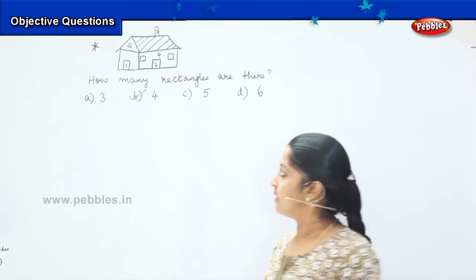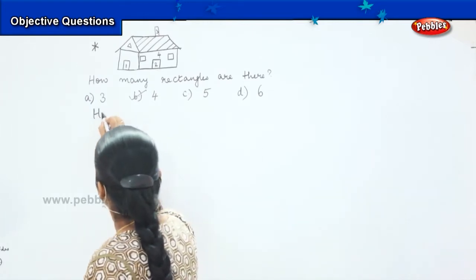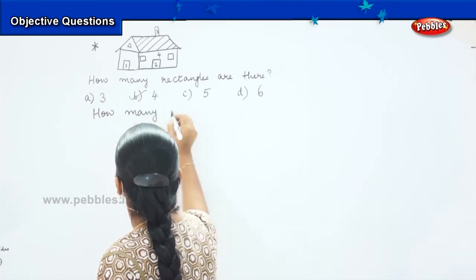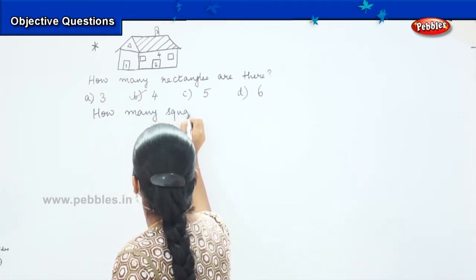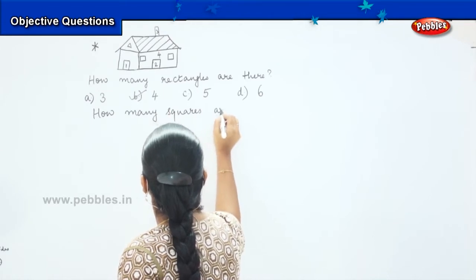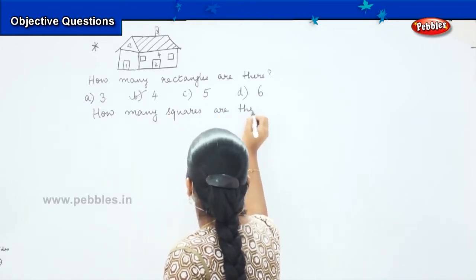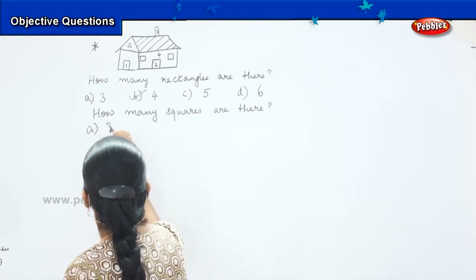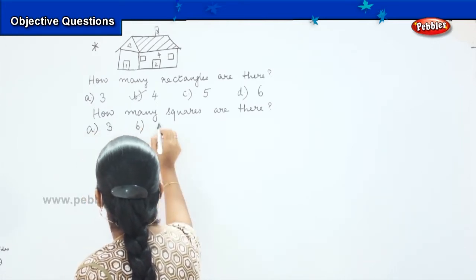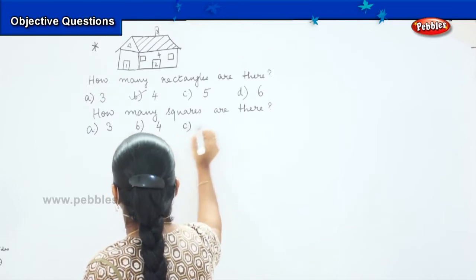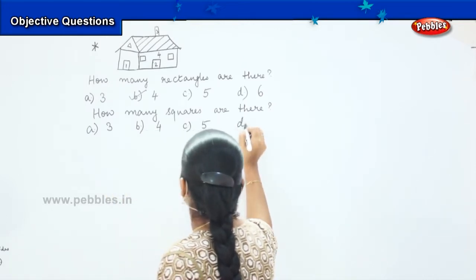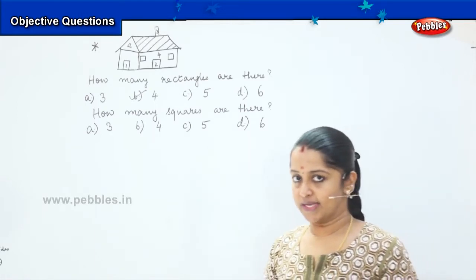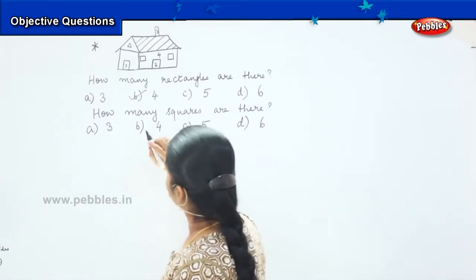Okay? The second question is, how many squares are there? And my options are A, 3, B, 4, C, 5 and D, 6. So, shall we count the number of squares here? Where can you find the square?